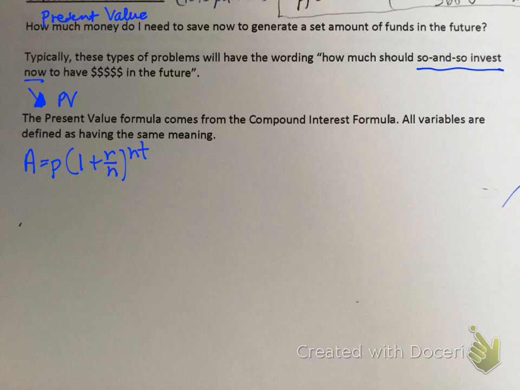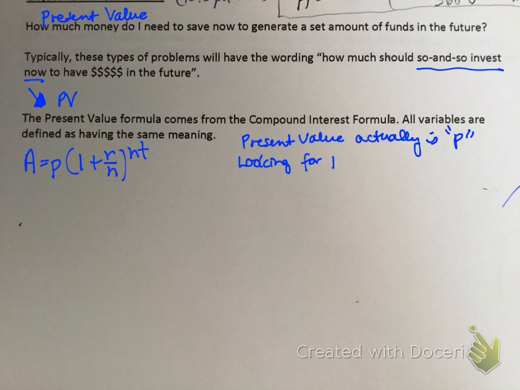And in order to get the present value formula, we have to understand that the present value is actually the principal. So we're looking for the principal, or P. Remember, P was how much do I put in right at this moment?